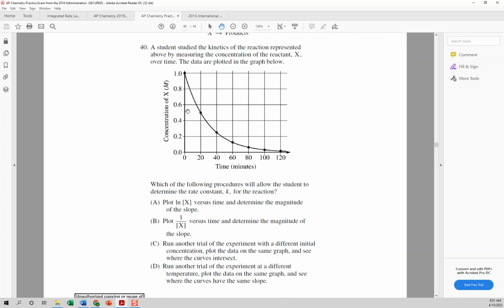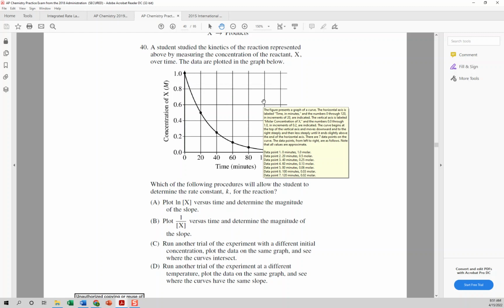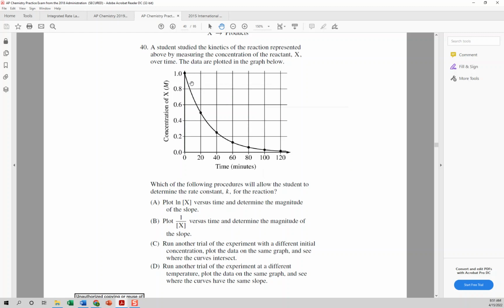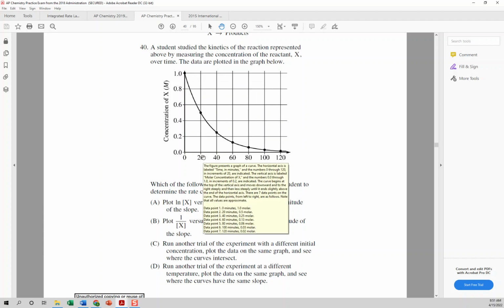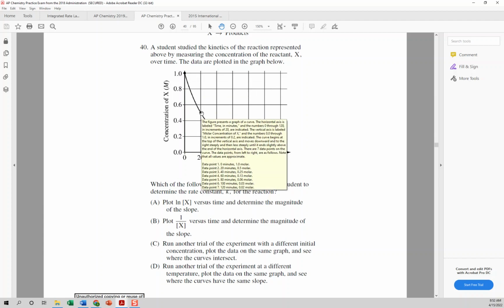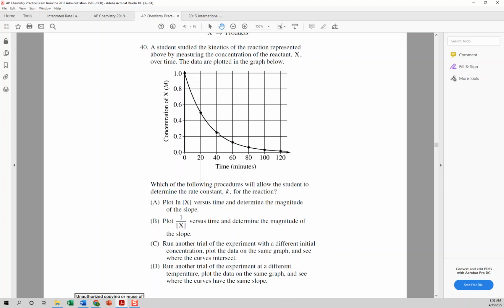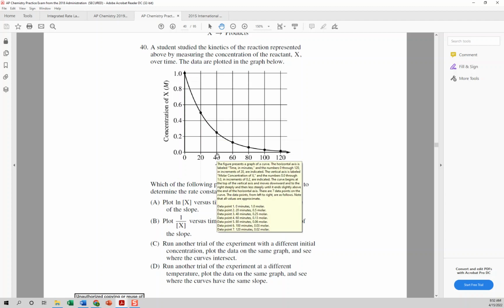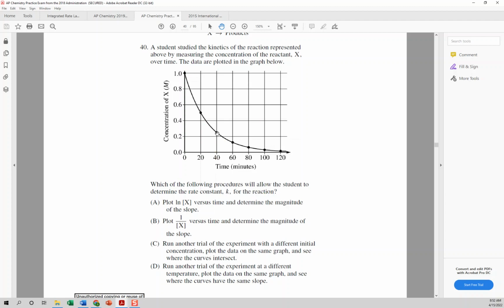So here is where I want you to understand it. We can see that the half-life remains constant. So to go from 1 to 0.5, it took 20 seconds. And then to go from 0.5 to 0.25, it took another 20 seconds. And then 0.25 to 0.125, it took another 20 seconds.